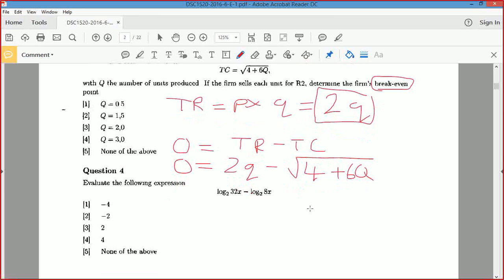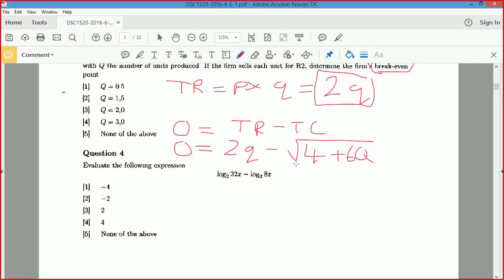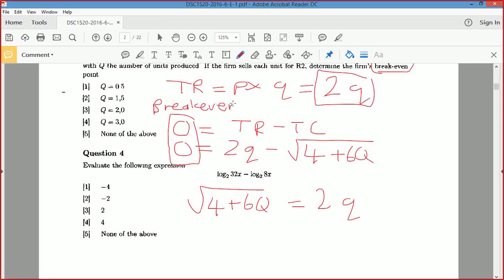I need to simplify and solve. I don't want a root, so I'm going to take this to the left. So I'll have the square root of 4 plus 6Q equals 2Q. There's the formula that I've got. Because there's no profit, no loss, it's break even: total revenue minus total cost gives you 0.